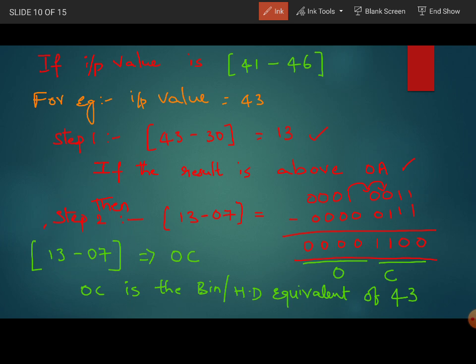The result minus 07. We subtract 07 from the subtraction result. So 13 minus 07, we get 0C. And what is this 0C? 0C is the binary or hexadecimal equivalent of the number 43. Thus we have got the correct value.